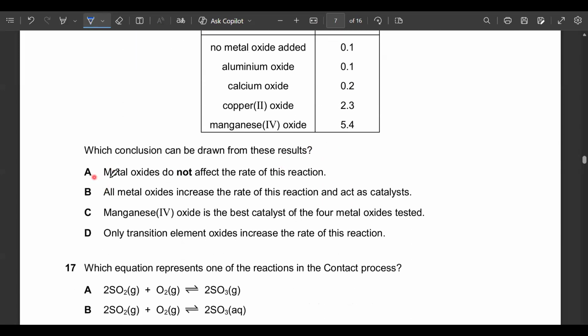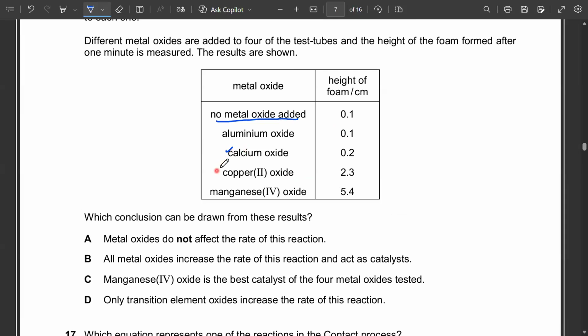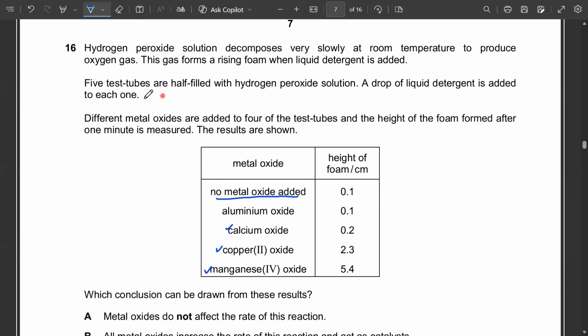So option A says metal oxides do not affect the rate of this reaction. That is incorrect. We can see that with no metal oxide versus these metal oxides, they are definitely affecting the rate of the reaction, because all these heights of the foam are measured after a time of 1 minute.